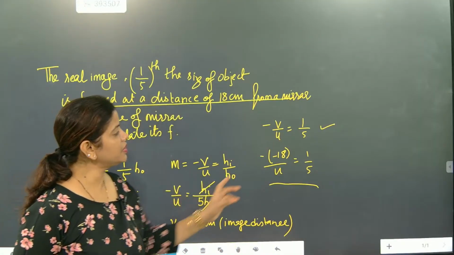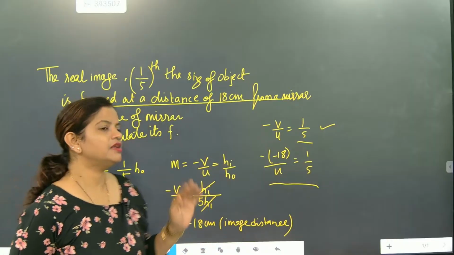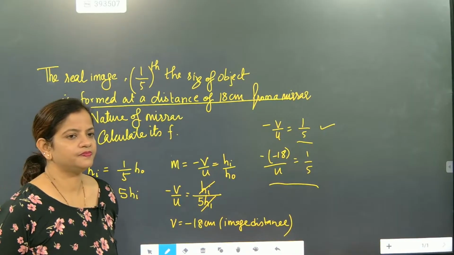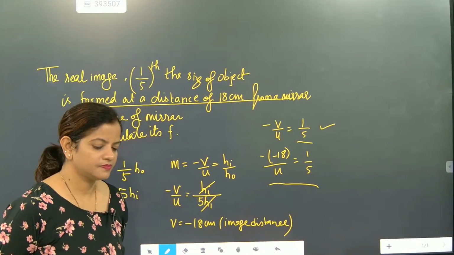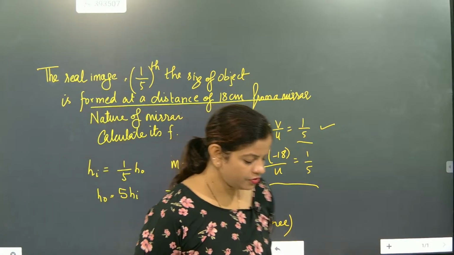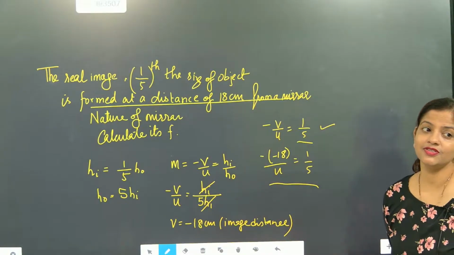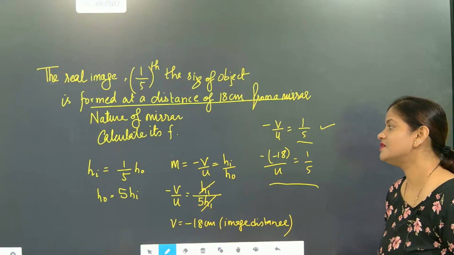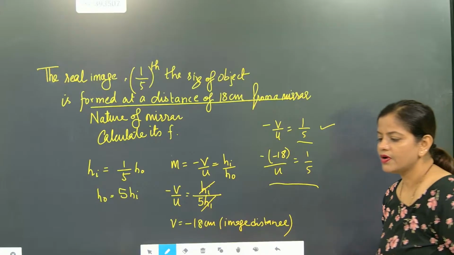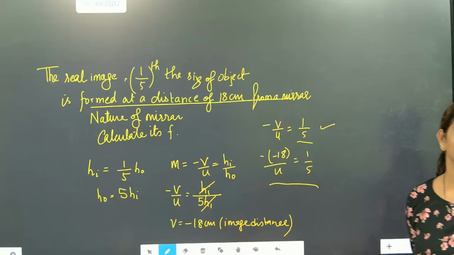But here only one thing I am asking from everybody. Will it be 1 by 5 or minus 1 by 5? That's the biggest thing. Please kindly answer it very carefully, because till now, whatever part we have done, we have written that part. Real is there.